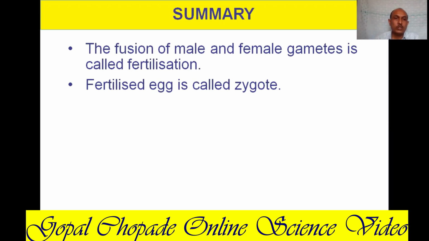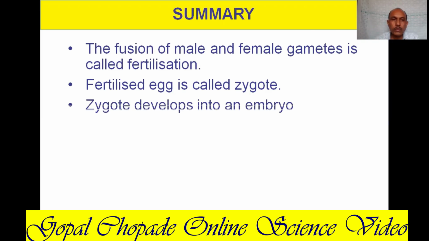Fertilization fertilizes the egg. After fertilization, the egg is called a zygote, which is a single cell. Once the zygote is produced, it slowly develops into an embryo, and the embryo is a future plant which contains shoot and root.